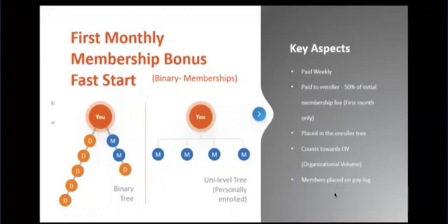So what we're really telling you is that when you bring in two people, if you come in for $59.95 and you bring in two people at $59.95, you've just paid for your investment into ShoppyShop. See how simple that is? Bring in two, and your membership and your first month are paid for.